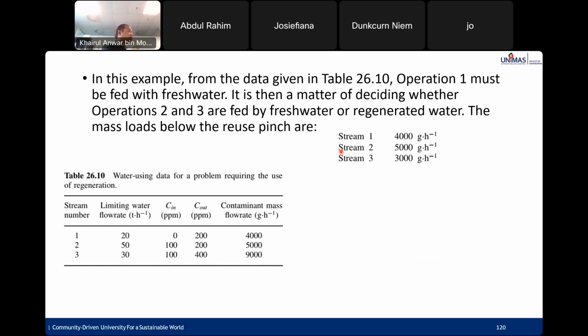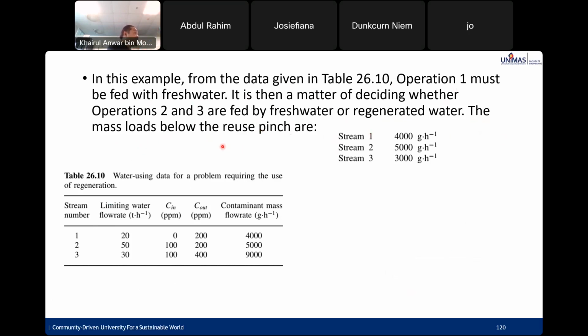So operation 1, this is for regeneration reuse. Operation 1 is fed with fresh water. Operation 2 also with fresh water. And operation 3 is with regeneration reuse from operation 2.